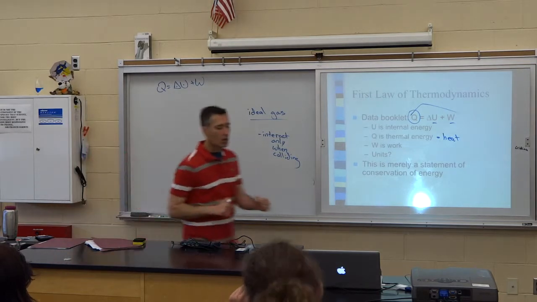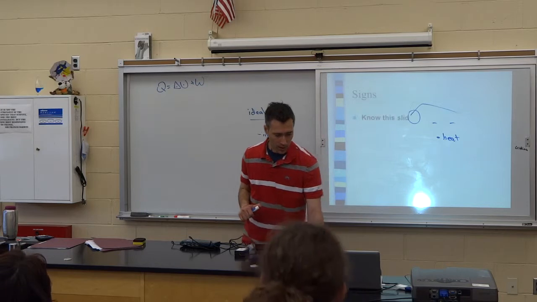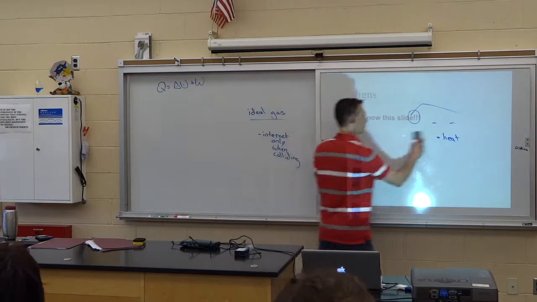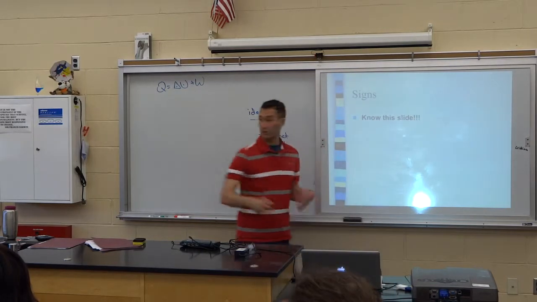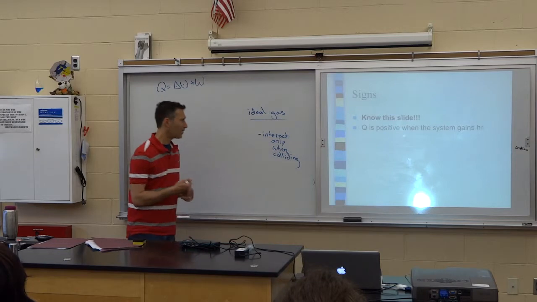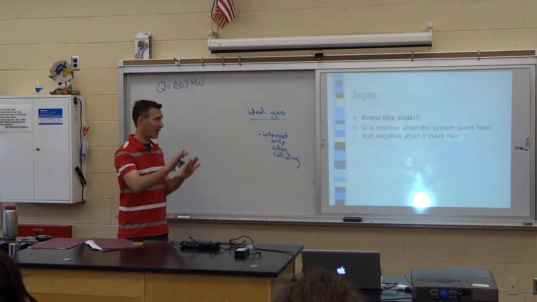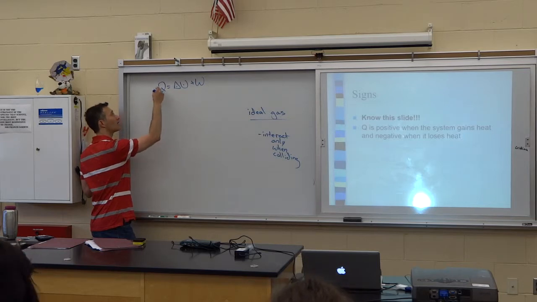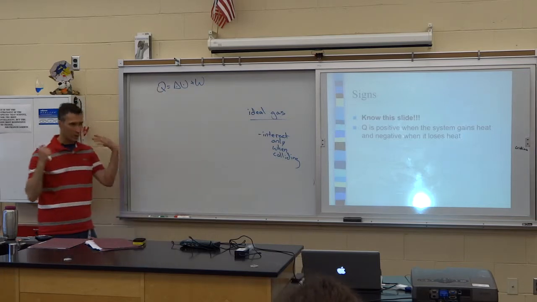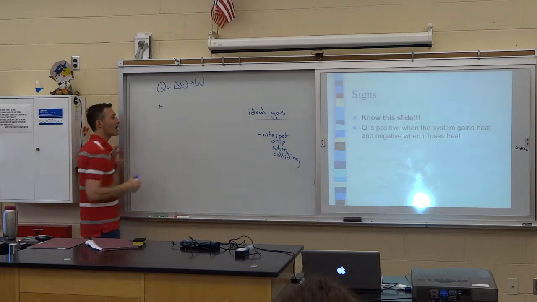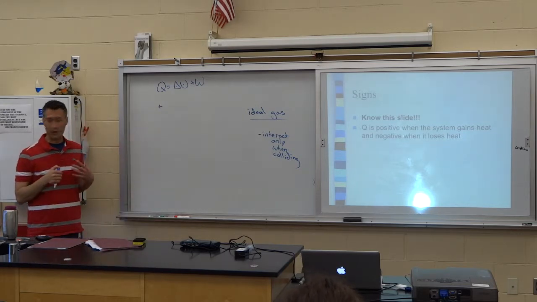Okay, great. This is important. I want you to know this and retain it. It's important enough that I've animated this stuff with sound. So let's talk about the signs of the Q first. Q was the energy delivered to the gas. If Q is positive, that means yes, we're delivering energy to the gas.